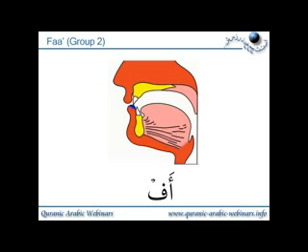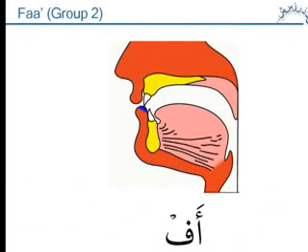Starting from group 2, which is the letters that involve the lip, we'll start just with fa. In all of these practices, we're going to practice a sukoon on top of the actual letter, but we're going to precede it with the hamza with the fatha. So it starts with the "a" sound, and then we join it to the letter which is working with its sukoon, i.e. its sakin.